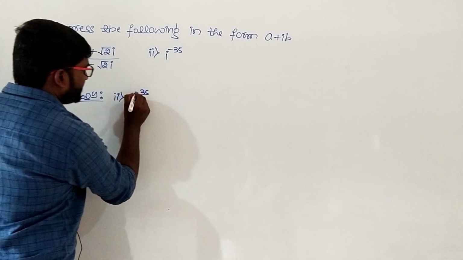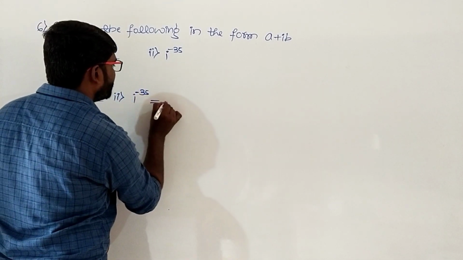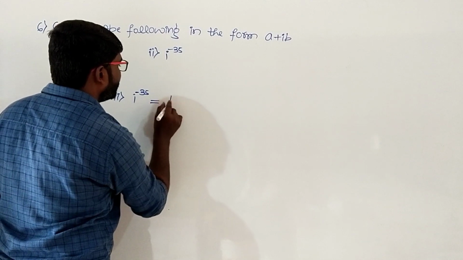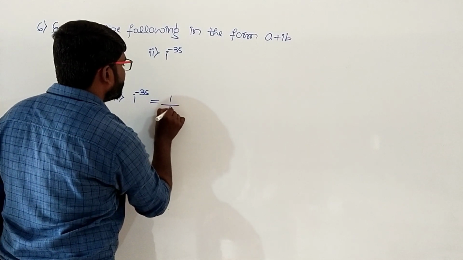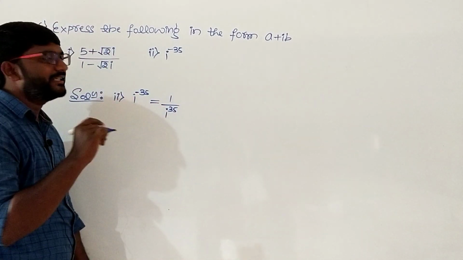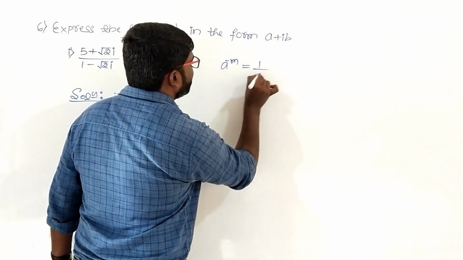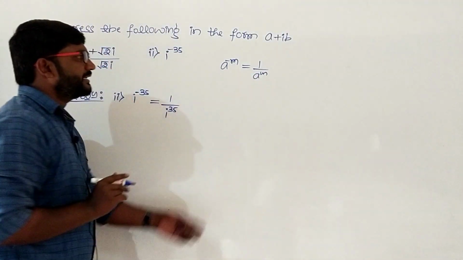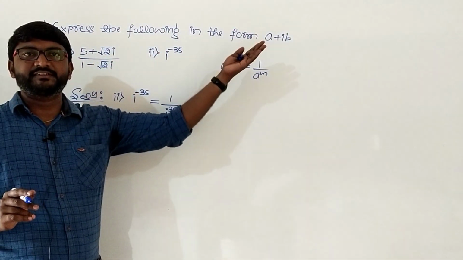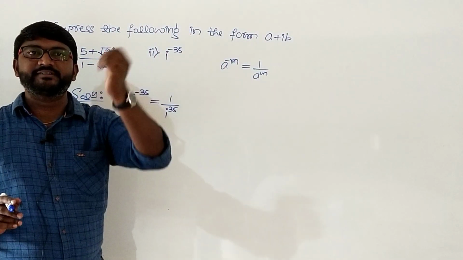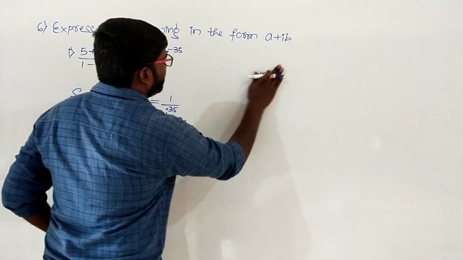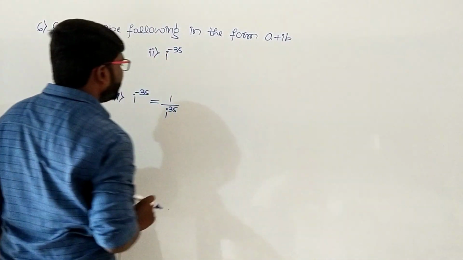So this can be written as 1 divided by I raised to plus 35, because we have a property that a raised to minus m can be written as 1 by a raised to m. For example, in your physics you would have seen 10 to the power minus 3. If you take it in the denominator, it becomes 10 to the power plus 3. So in that way it becomes I to the power 35.